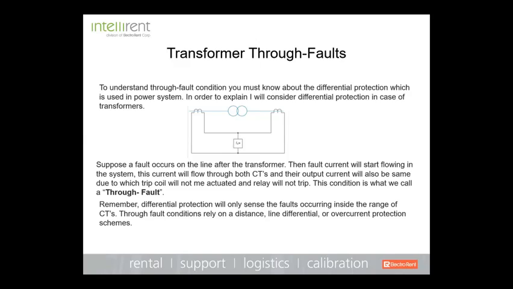Now, it's kind of funny when we consider transformer protective relaying, because some of your relays are reactive and some of them are proactive. A differential relay on a transformer would be considered more to be reactive. If you have a differential relay trip, that means you've already got an issue inside the transformer. You're not really protecting anything.